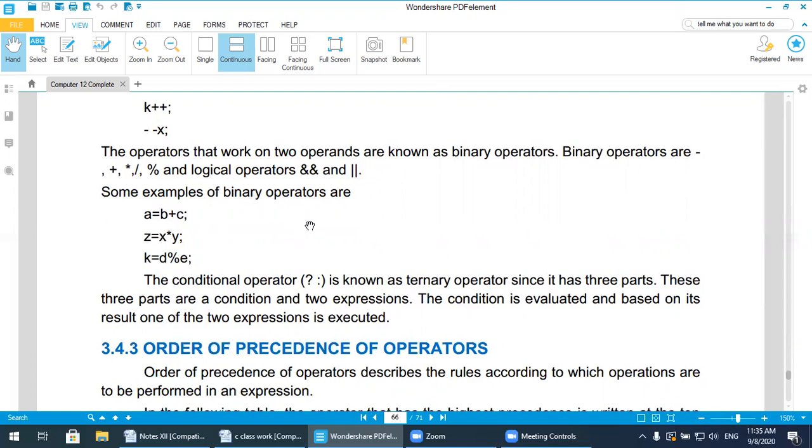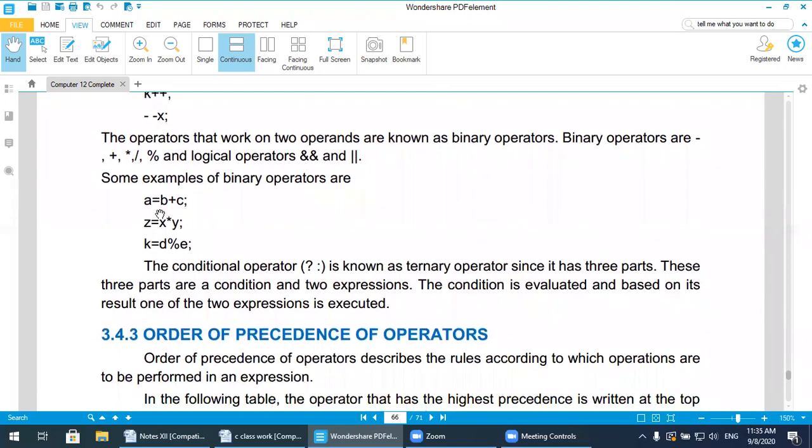Some examples of binary operators: a is equal to b plus c. Why am I saying plus is a binary operator? Because around the plus there are two variables used, b and c. Watch over here, asterisk is also a binary operator. Similarly, modulus is a binary operator. So slash or asterisk is also a binary operator.